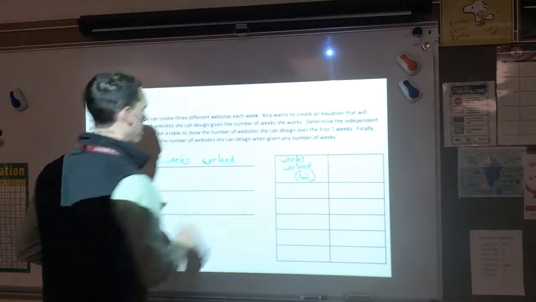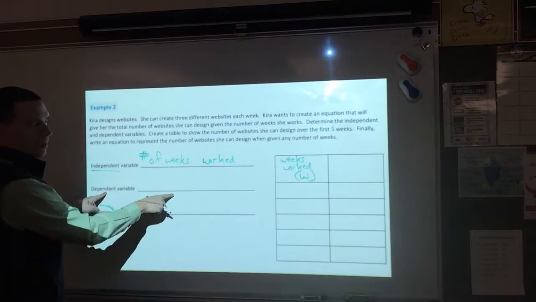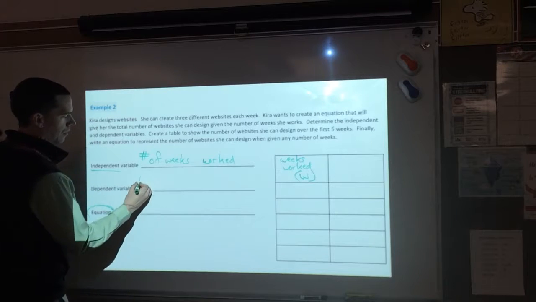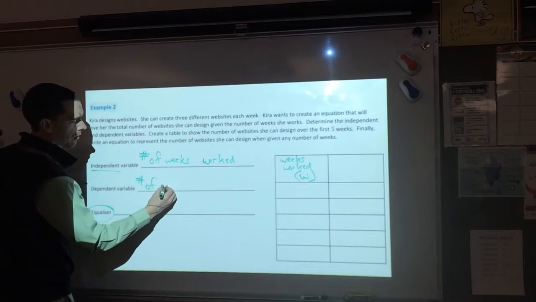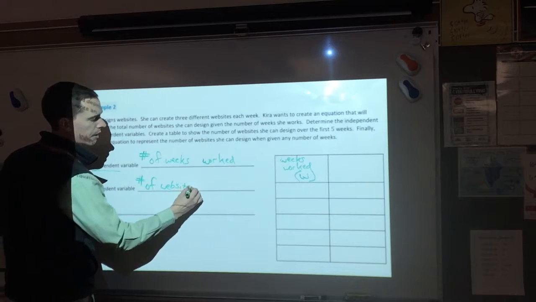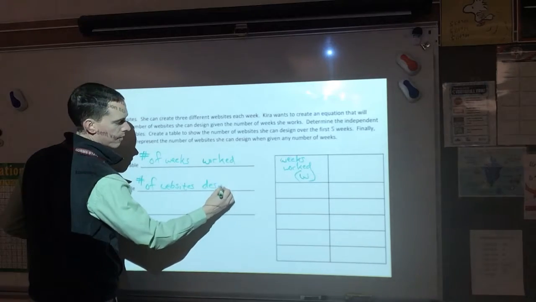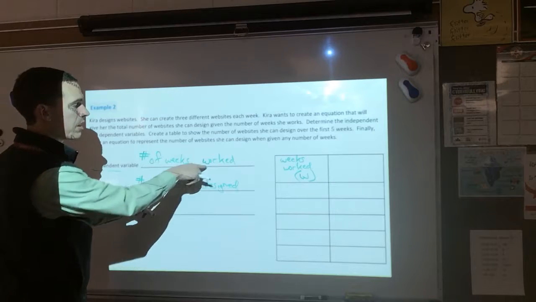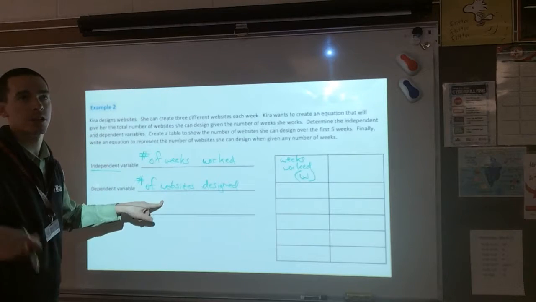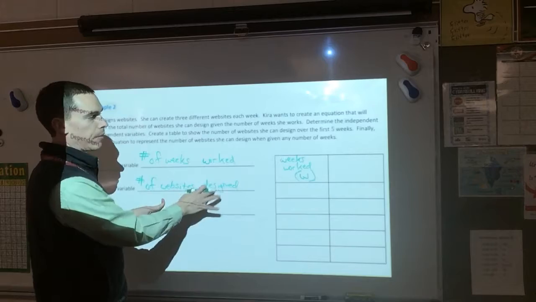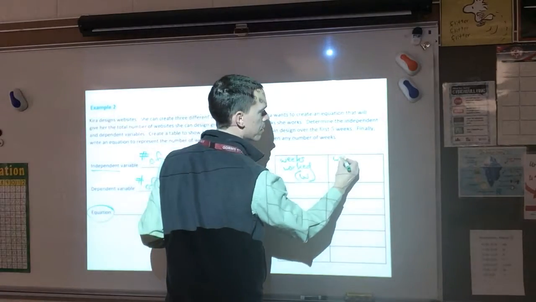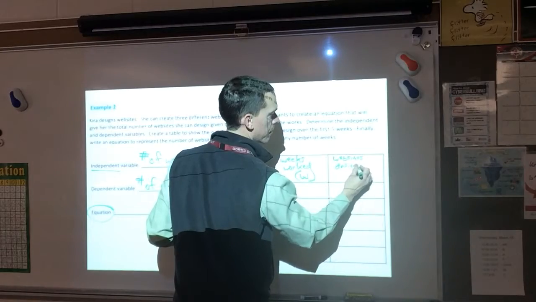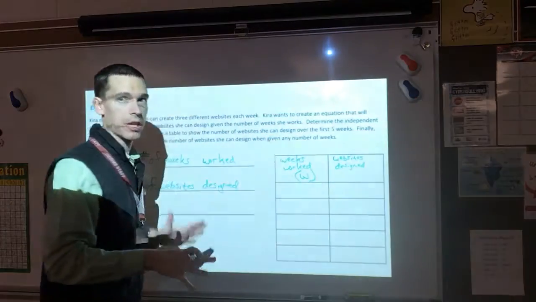And then the dependent variable right here is going to be the number of websites designed. Now, websites, you would think to do a W again, but we can't use a W again for a variable because we used it already. So we're going to use D for design. So we can say websites designed. And we're not graphing this yet, but we'll get there.